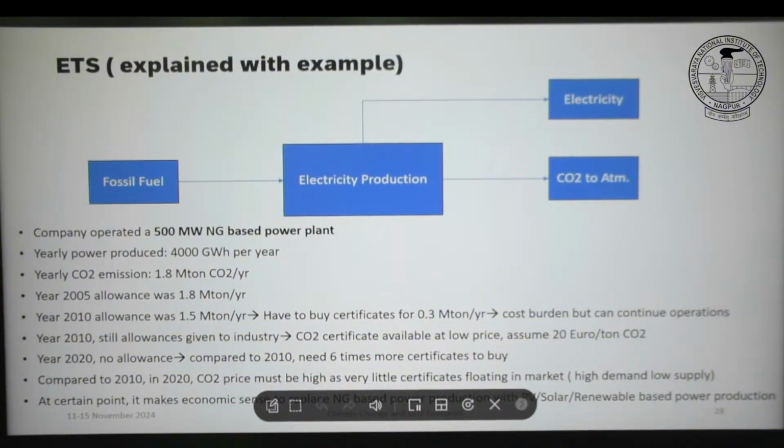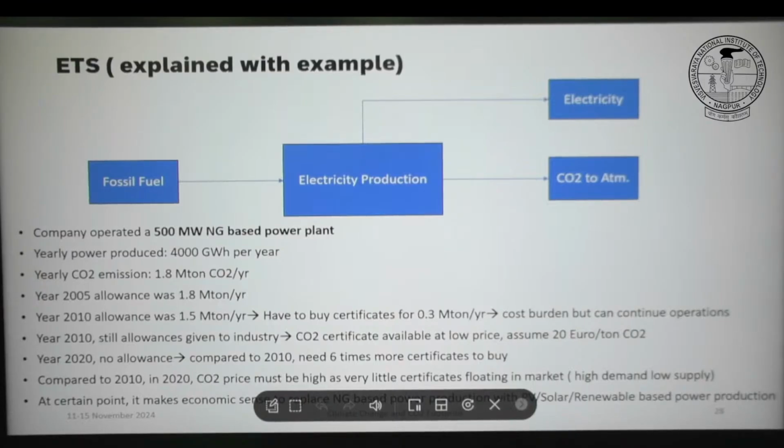What the EU is doing is closing the tap on allowances. If there are no allowances, there are no certificates to trade, demand is very high, and suddenly the price will go up. So that's what they are thinking, that the price will go up to 150, 200 euro per ton by 2030.